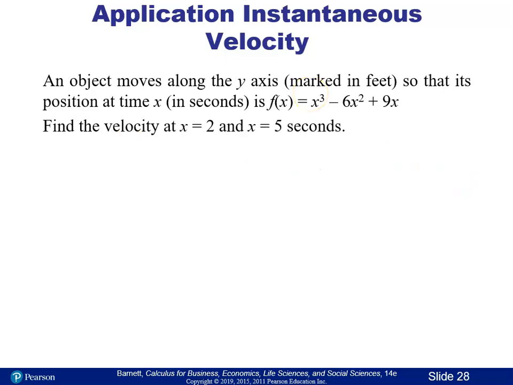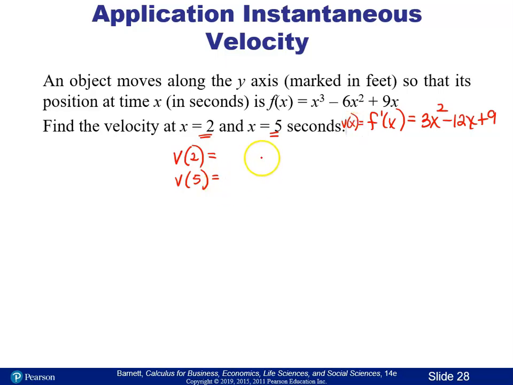Okay, so using the same expression here, we just found that our derivative is 3x squared minus 12x plus 9, and we want to find the velocity at 2 and at 5. So that means I'm going to find v of 2 and v of 5. To do that, we know that the derivative is the velocity, so I'm going to plug into the derivative, not the original.